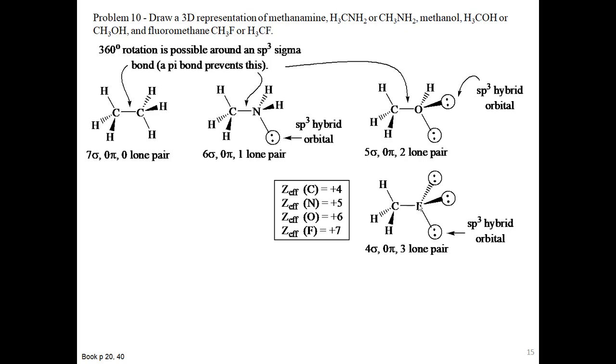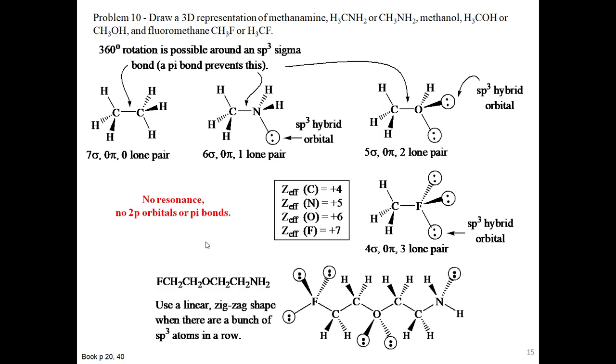So the fluorine will be a partial negative, and the carbon will be a partial positive, even though we don't actually show the formal charge. You'll notice there's no resonance structures this time, because resonance in our course only occurs in pi bonds and 2p orbitals. If we don't have any 2p orbitals, we don't have any pi bonds, we don't have any resonance.